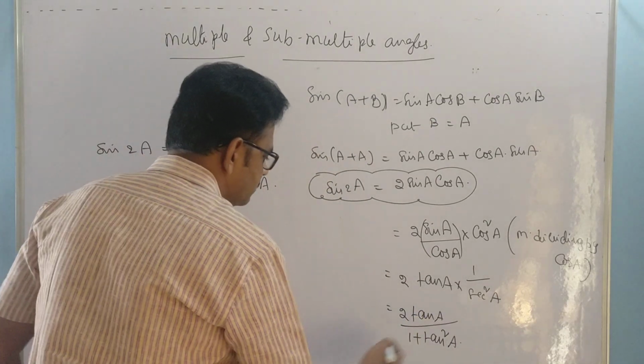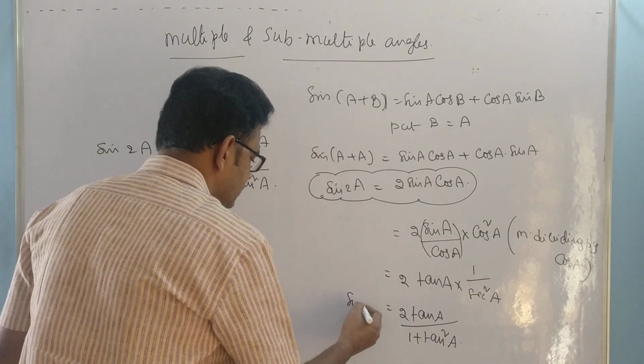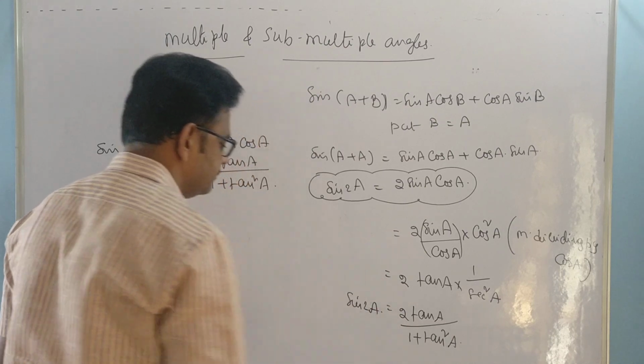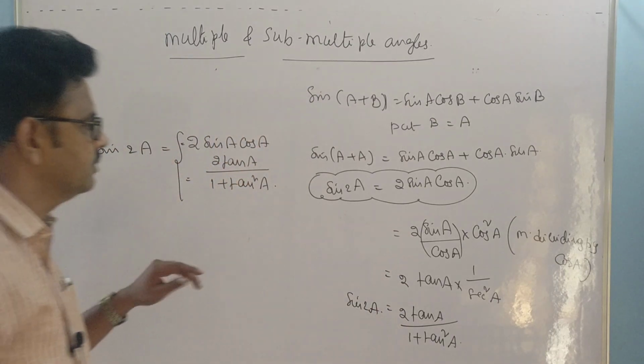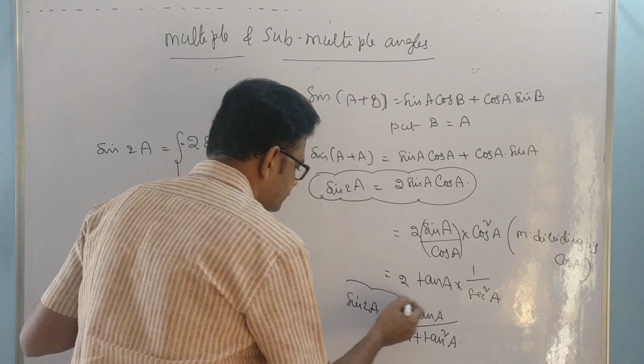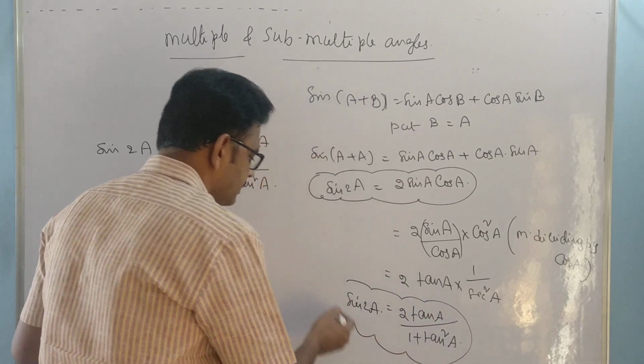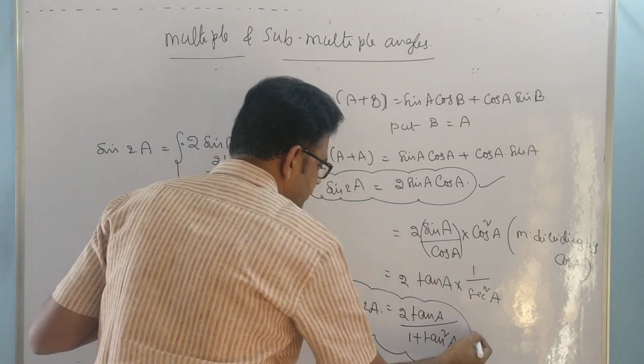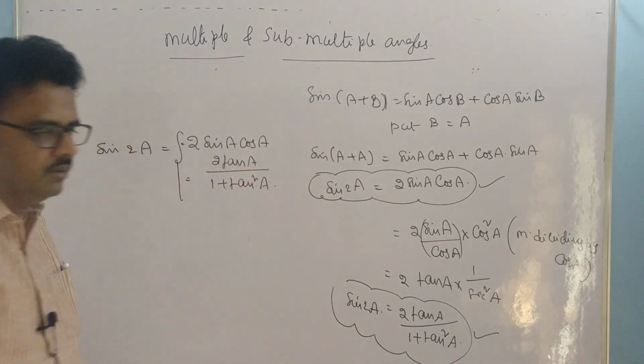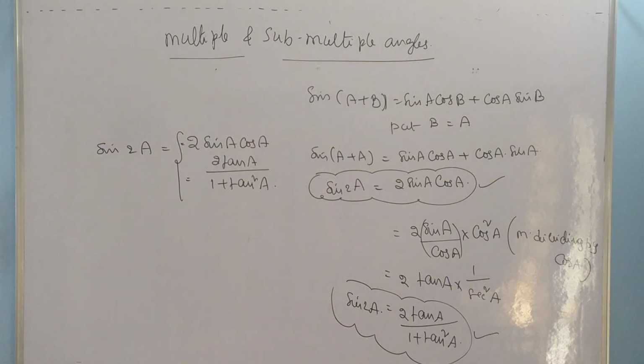Secant square A can be written as 1 plus tan square A. Therefore, sin 2A: one formula is 2 sin A cos A, and one formula is 2 tan A by 1 plus tan square A. So this is the formula for sin 2A.